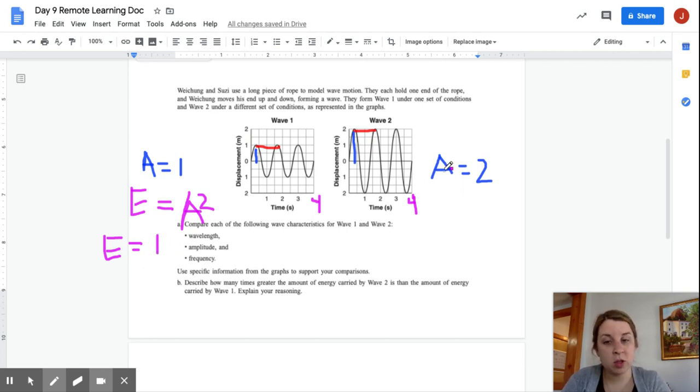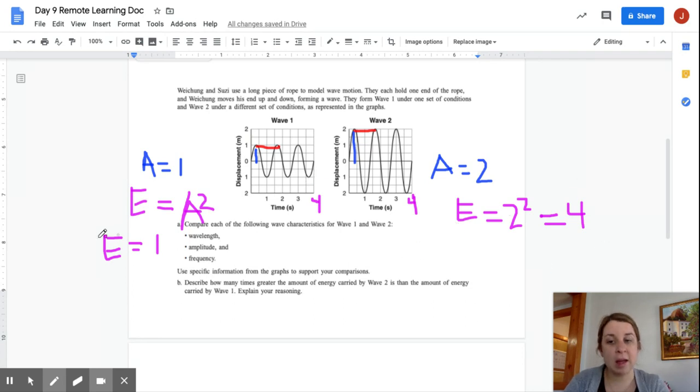Over here for wave 2, we fill in the same thing, so energy is equal to 2 squared, which is equal to 4. Okay? So now it says how many times the amount of energy carried by wave 2 more than wave 1. So we're not done yet.